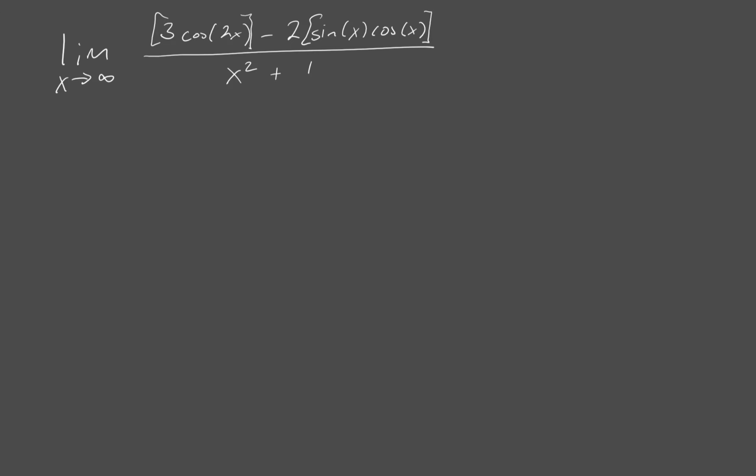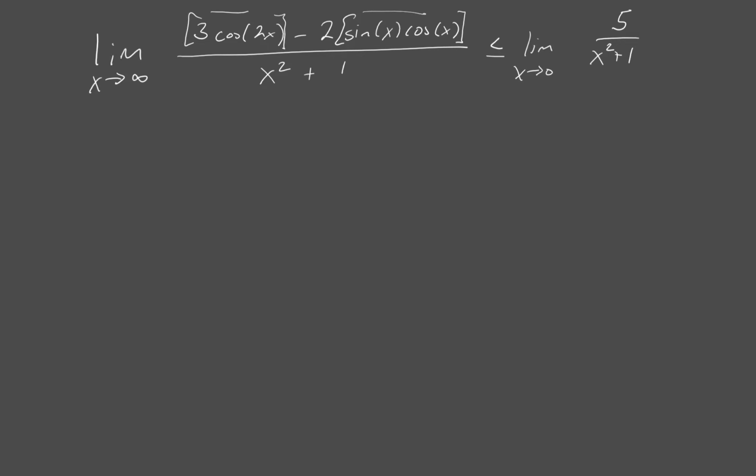So in absolute value, that numerator, if this turned out to be negative 1 and this turned out to be positive 1 at the same time, which it probably doesn't, this will never be bigger than 5 on the top, right? And it's never going to be smaller than negative 5.